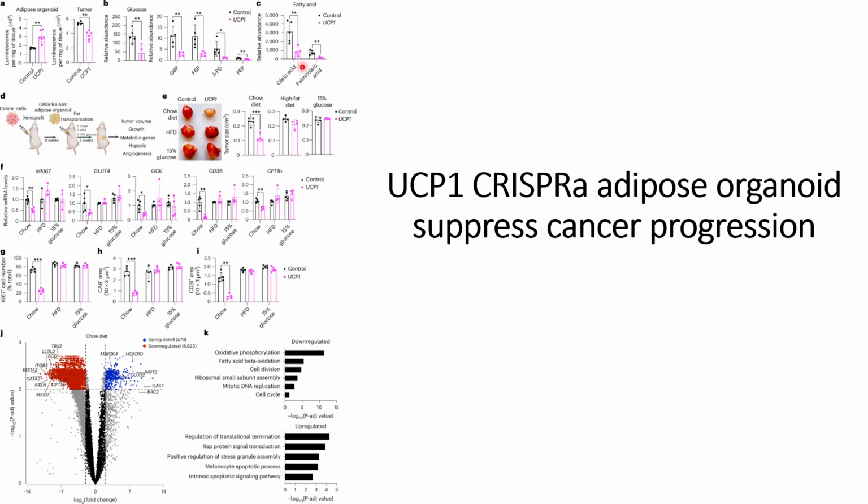And when this fat and glucose are in high amounts in their diet, the adipose is not able to suppress the cancer progression, as in the high fat and glucose diets the amount of fat and glucose is enough for both of them. So that's all for this video. If you need to understand more about these experiments in detail, you can go through the reference provided in the description. Thank you for your time.